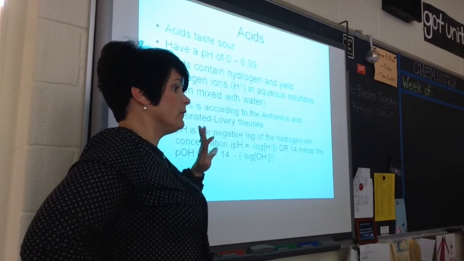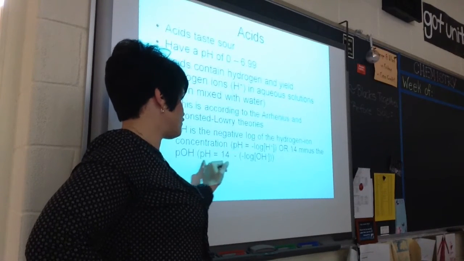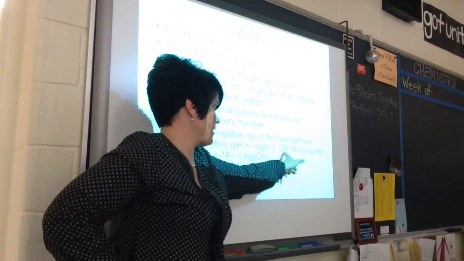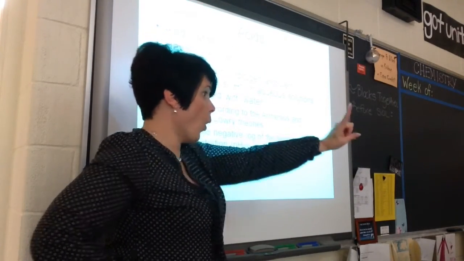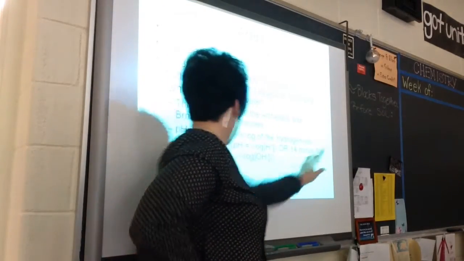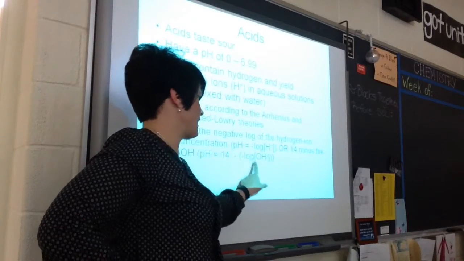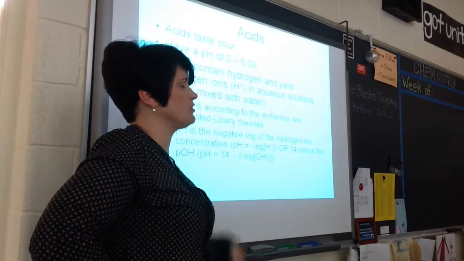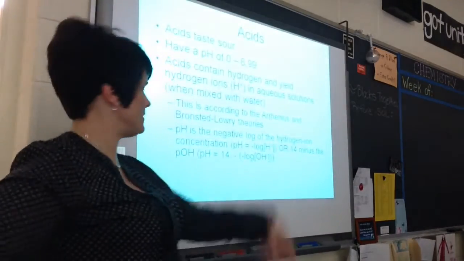Now, listen. We're going to practice it in a minute. Please remain calm. pH is the negative log of the hydrogen ion concentration, or 14 minus the pOH. And pOH is the negative log of the hydroxide ion concentration, which is on the next slide, and I'll show it to you in a minute. Oh, so we're going to have to do that on the SOL test? Yeah, but it's easy peasy.